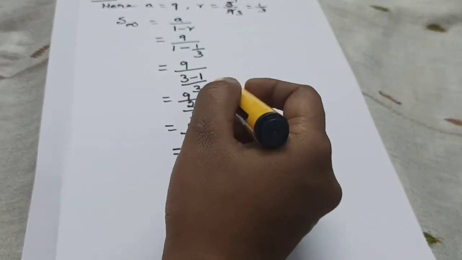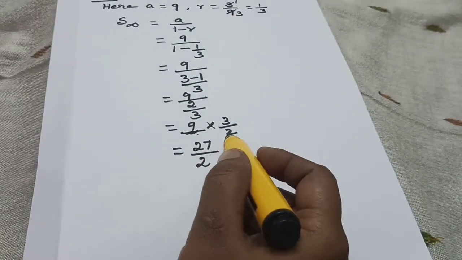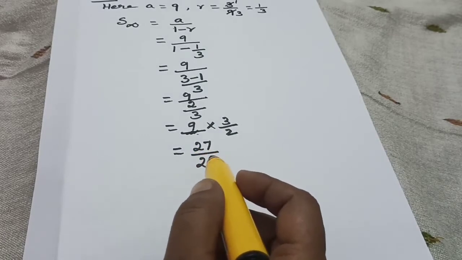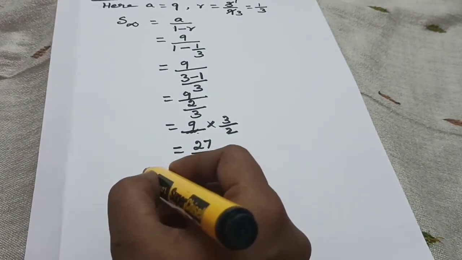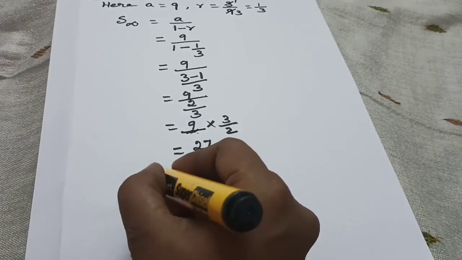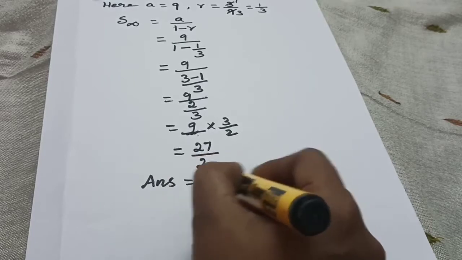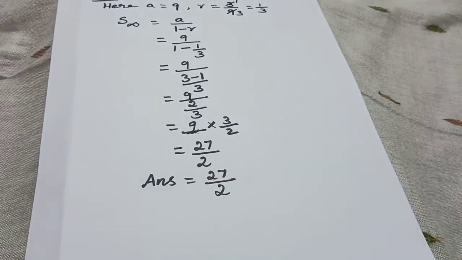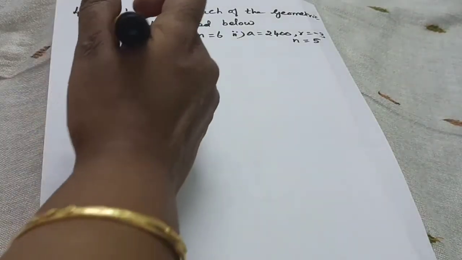Take the LCM, take the reciprocal and multiply, and what's the answer we will get? 27 divided by 2. Therefore the answer is equal to 27 divided by 2. Okay, very clear? Now let's see the fourth sum.